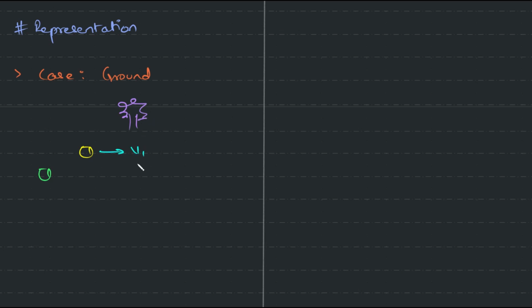Okay, so now we are talking about representation. So this is with respect to ground. So this is a case of ground. So you have one vehicle, you have another vehicle, and you have the tree. So if this is V1, this is V2, and this is Vt, which is 0.